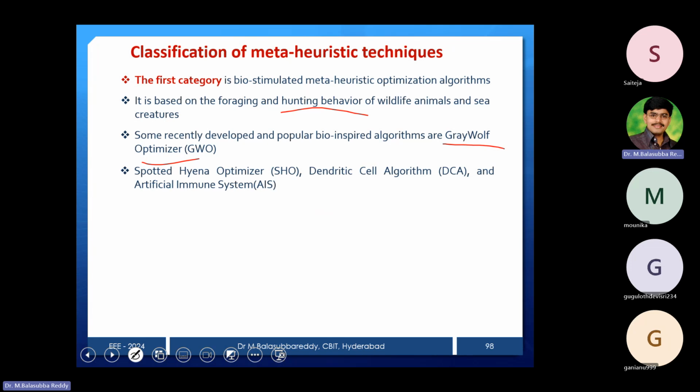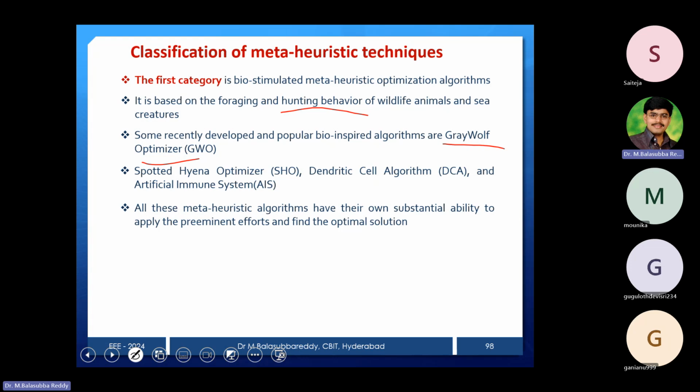Nowadays, they are using it more and more. Another kind of algorithms are spotted hyena, dendritic cell algorithms and artificial immune system. All this comes under the first category, bio-inspired metaheuristic algorithms.